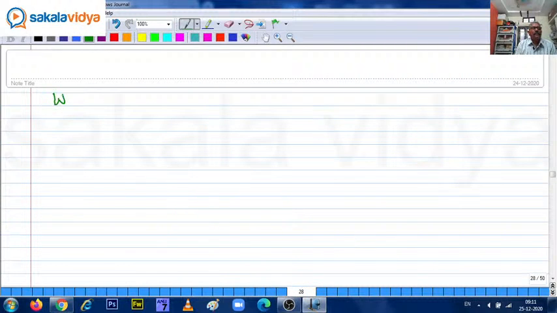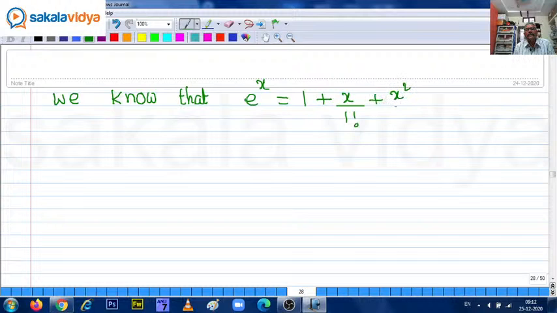Let's talk about some additional information regarding this exponential function. We know that e raised to x equals 1 plus x upon 1 factorial plus x square by 2 factorial plus x cube by 3 factorial and so on, up to x to the power of n by n factorial plus, to infinity.